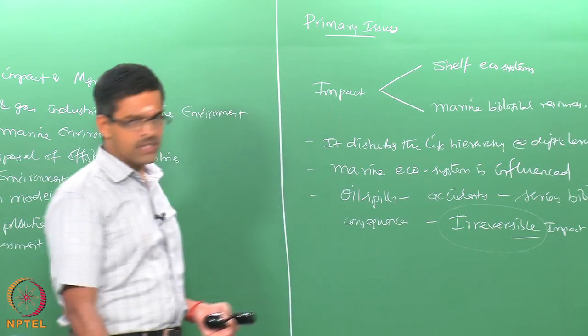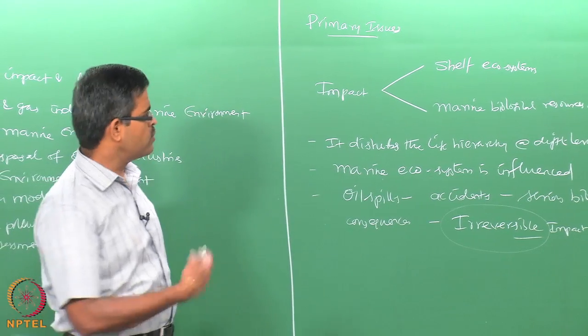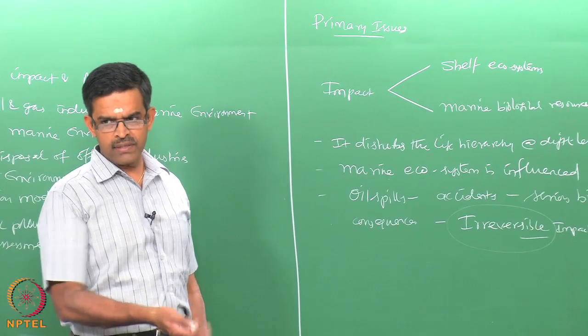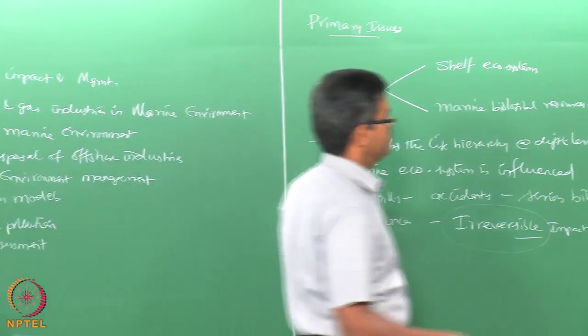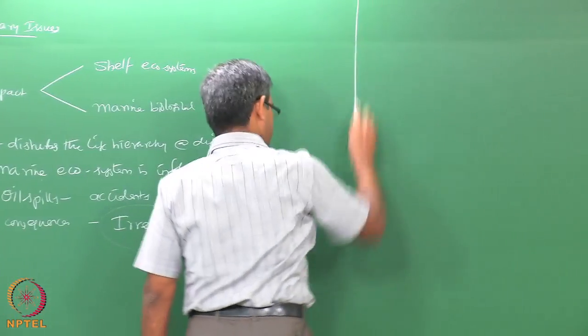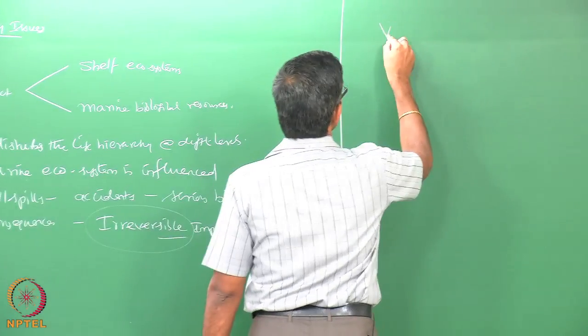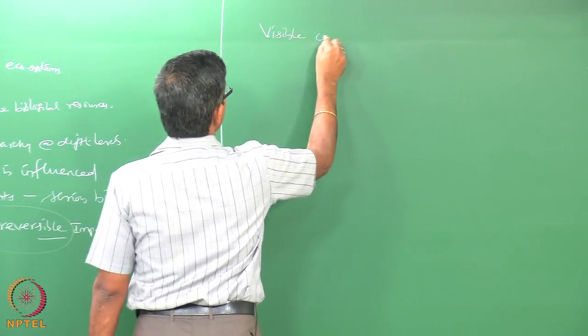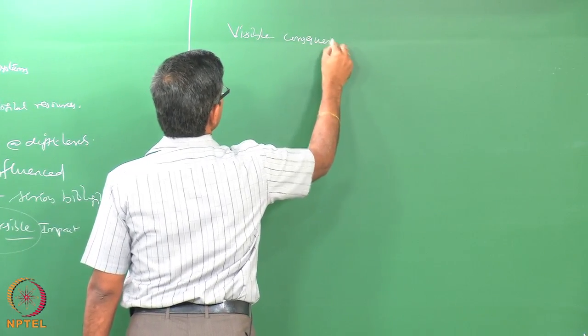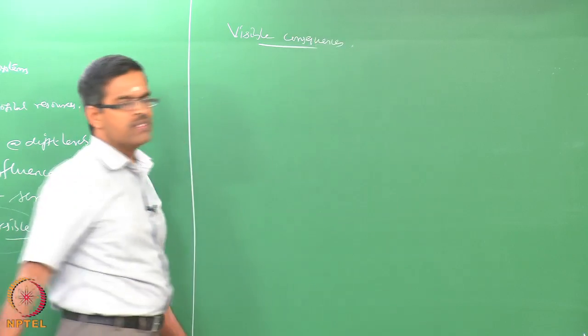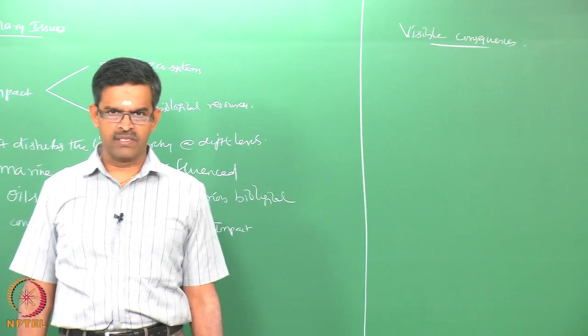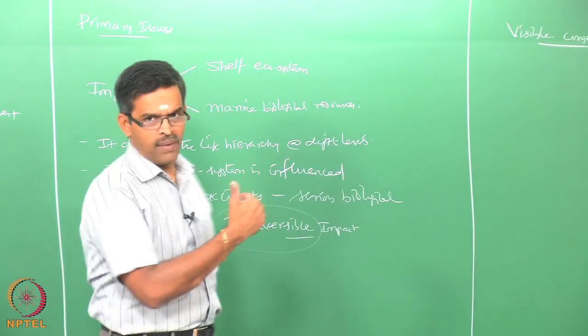There are of course certain visible consequences which one can see, which arise as a result from oil production. So, if you ask me what are the visible consequences which arise from the oil and gas production, let us quickly list them. What are they?